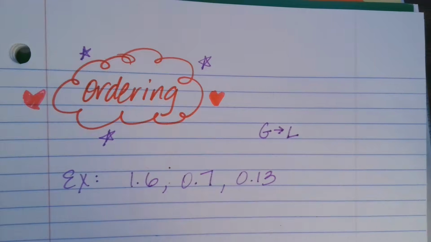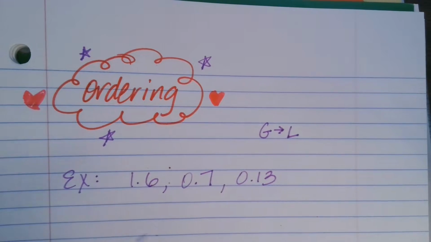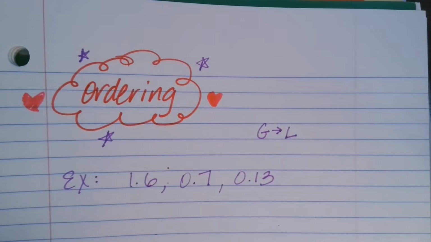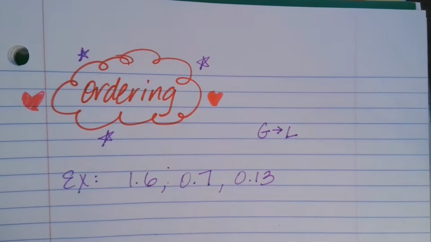Number one, let me tell you this: read the directions. This is why I go through all the worksheets with you and make you underline the instructions, because someone will get to this section of the workbook and put the numbers in the wrong order. They'll go least to greatest because they did not read the directions. So you have to be aware if they're asking you least to greatest or greatest to least.